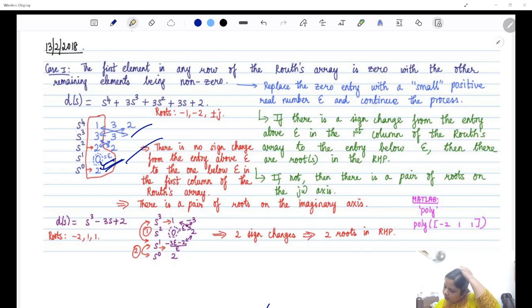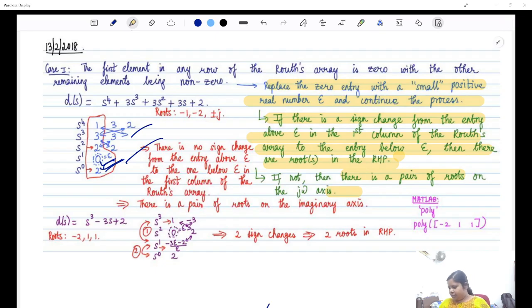So replace the 0 entry with a small positive number epsilon and continue the process, right? After this, if there is a sign change from the entry above, epsilon being assumed positive, then there are roots in the right half of the S plane. If not, there is a pair of roots on the j omega axis. That is all you have to infer from here, alright?